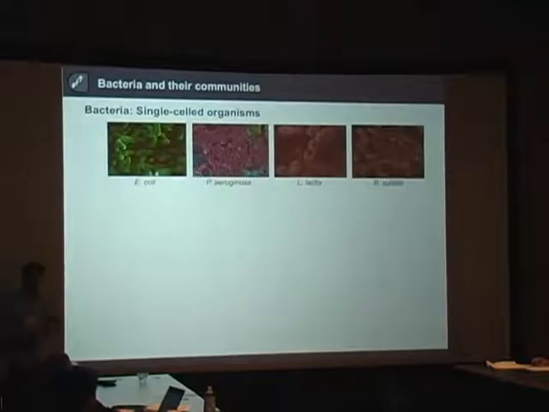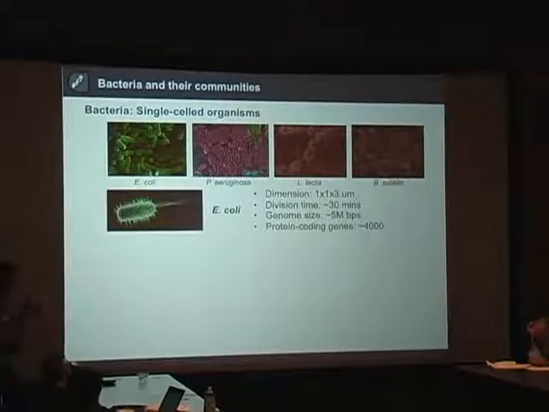When we talk about bacterial communities, the first thing we probably want to look at is the single bacterium. Bacteria are single-cell organisms. They are everywhere around us: in the soil, water, and the living bodies of animals and plants. Single bacteria are very tiny.